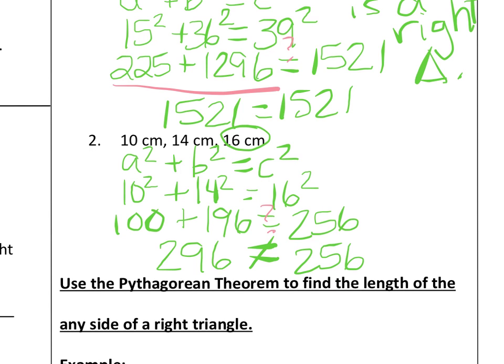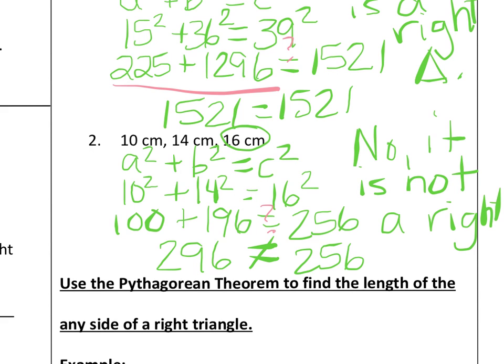So the triangle with side lengths of 10, 14, and 16 centimeters is not a right triangle. So we're going to put no, it is not a right triangle. It might be a different kind of triangle, but it's definitely not a right triangle. Otherwise, the Pythagorean theorem would work.